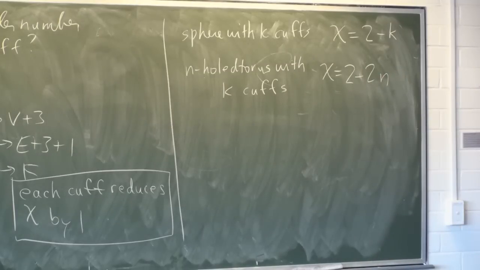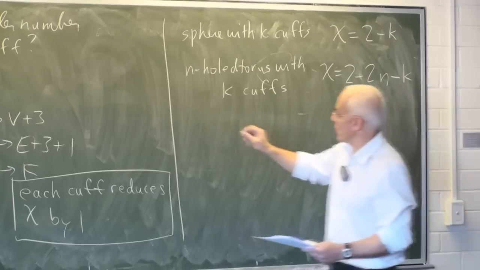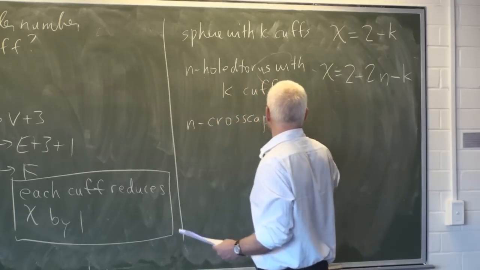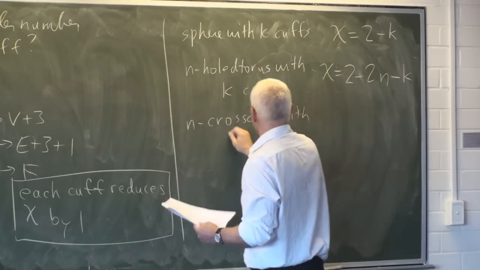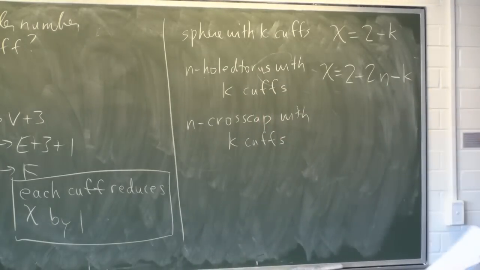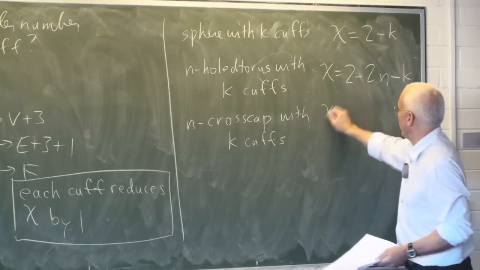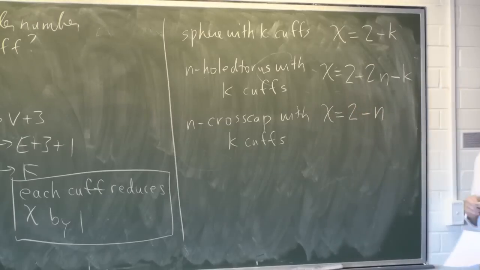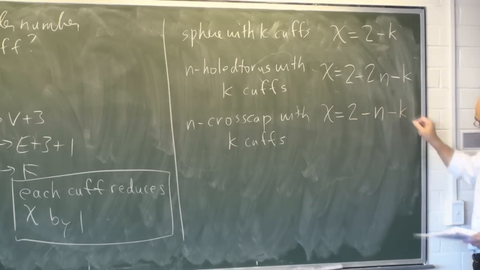And then adding k more cuffs, we have to subtract k. And if we have n cross caps, or an n cross cap surface with k cuffs, then the Euler characteristic is, well, remember it's 2 minus n for the n cross caps, and so we need to subtract another k from that.